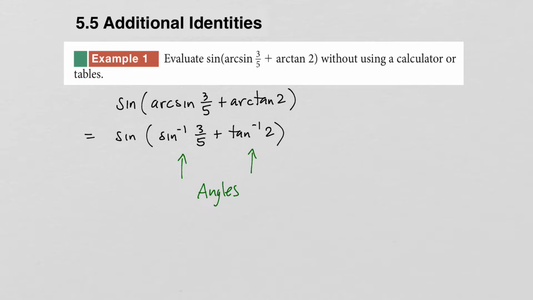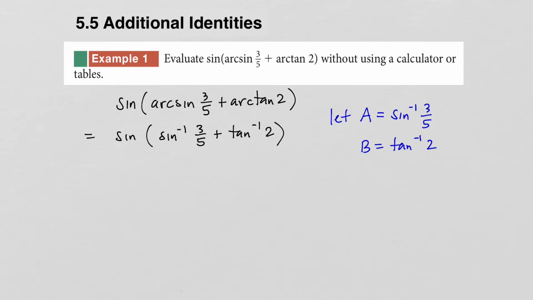So let's give those angles a new name. We'll let A represent the angle given by inverse sine of 3/5, and we'll let B represent the angle given by the inverse tangent of 2.